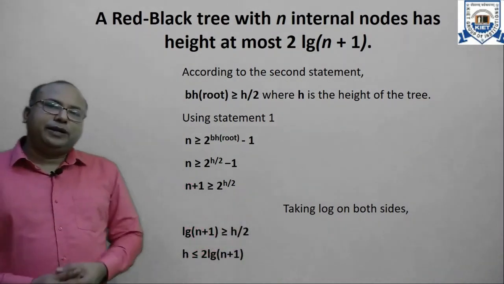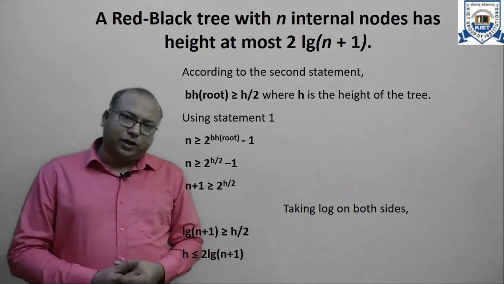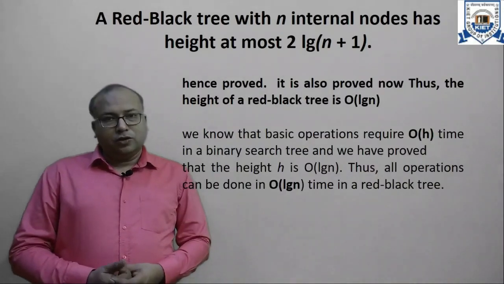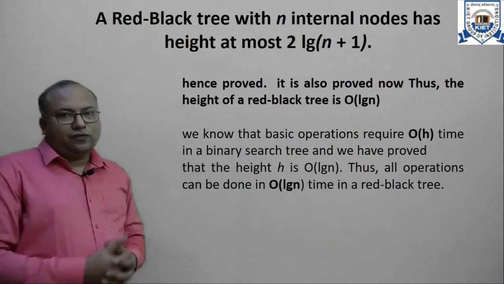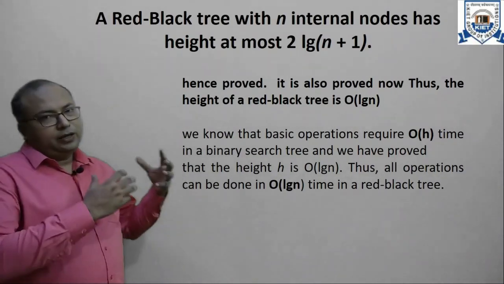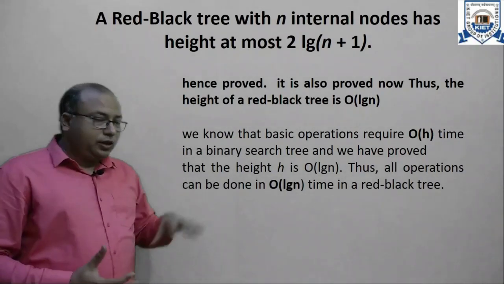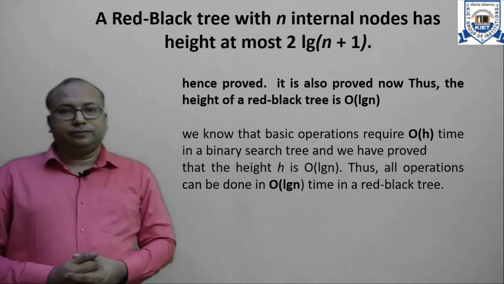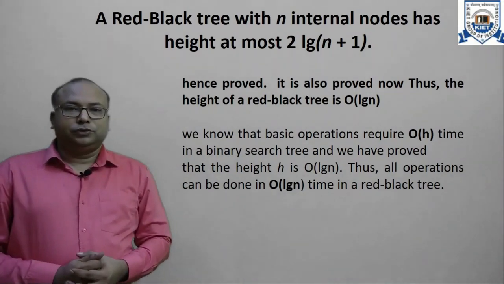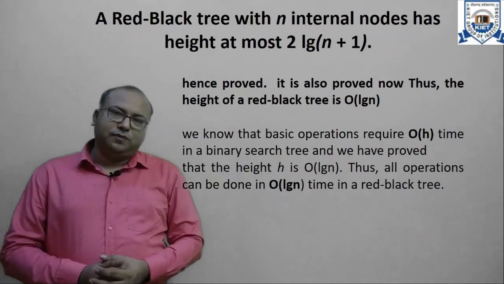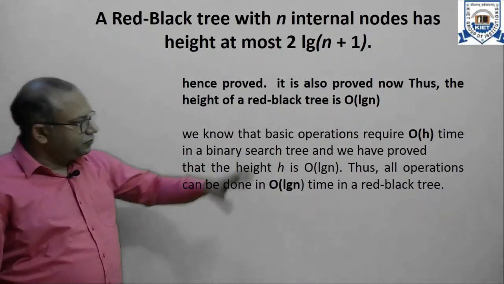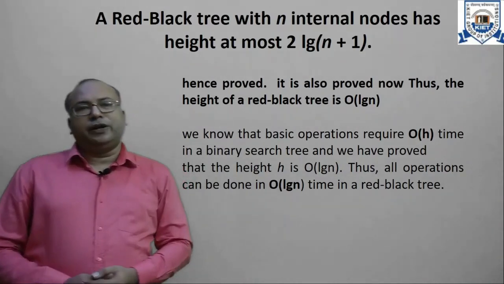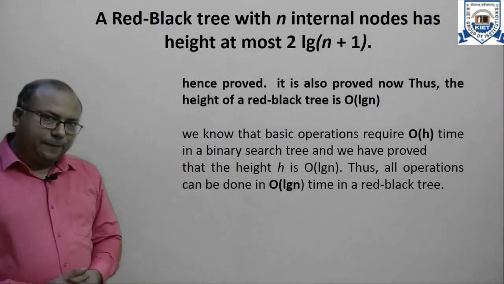This statement helps us compute the complexity of all the operations of a red black tree, because it proves the complexity of all major operations will be order of h. If we ignore the constant terms, plus 1 and the factor 2, we can easily say the complexity of all major operations in the red black tree will be order of log n.